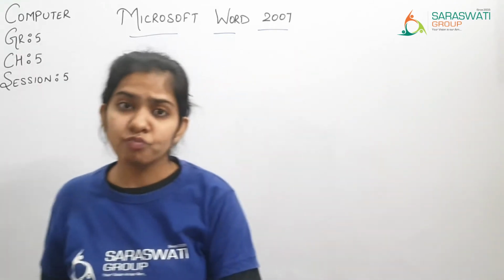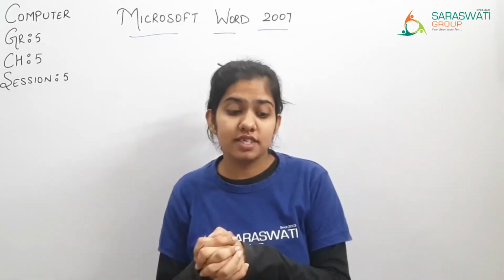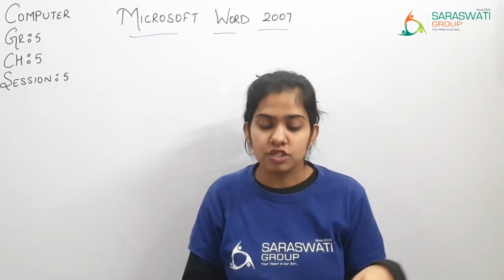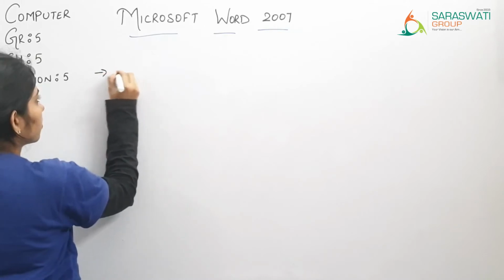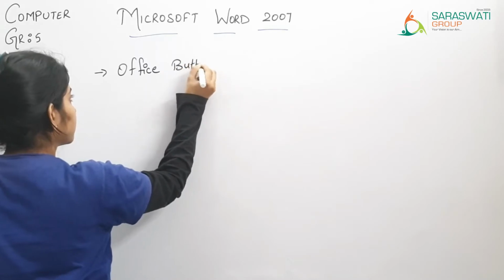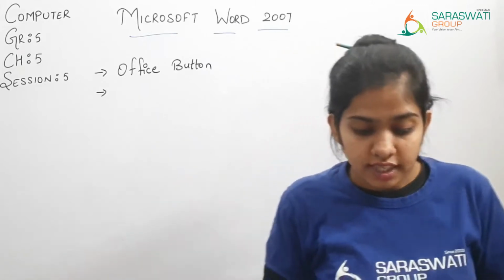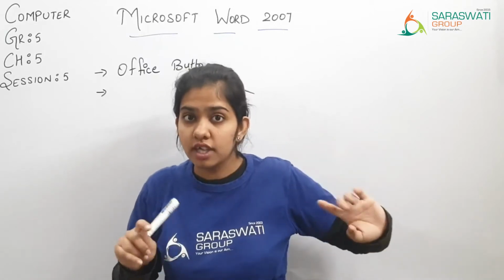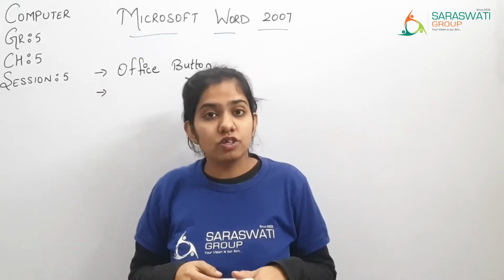So now let us first of all see what are the components of MS Word 2007. That is Office button. So what does the Office button do? The Office button is a round button on the topmost left corner of the window, with the Microsoft Office logo.